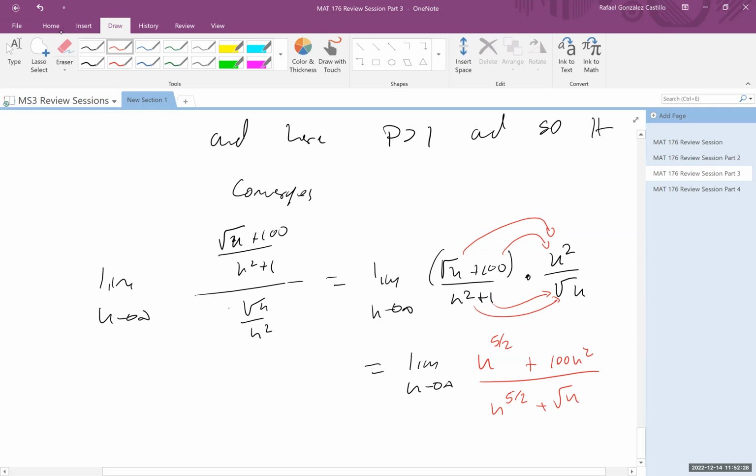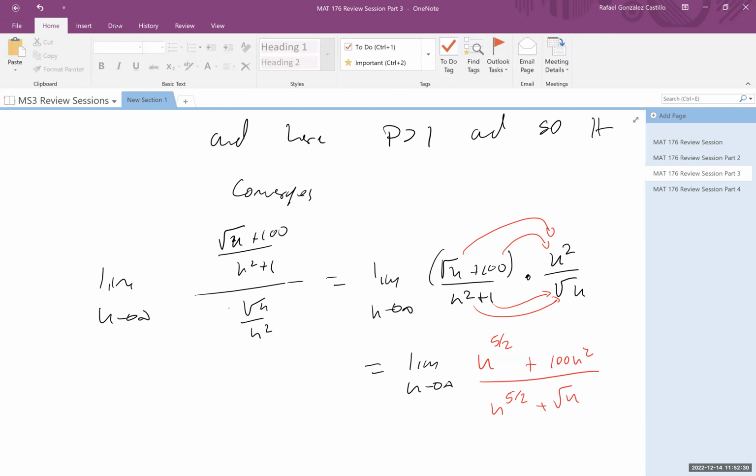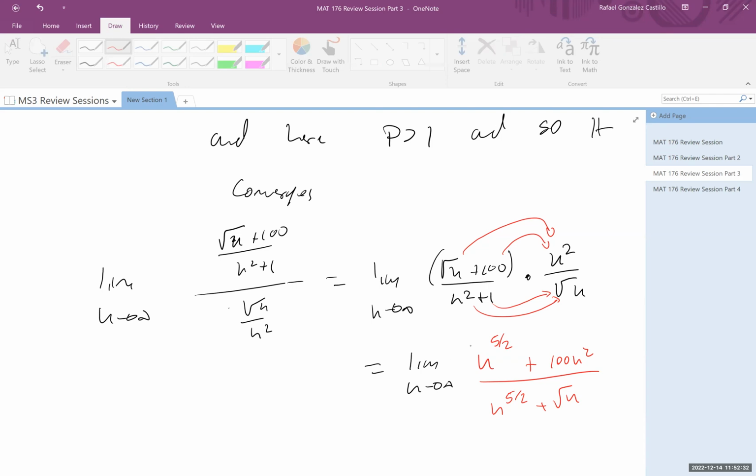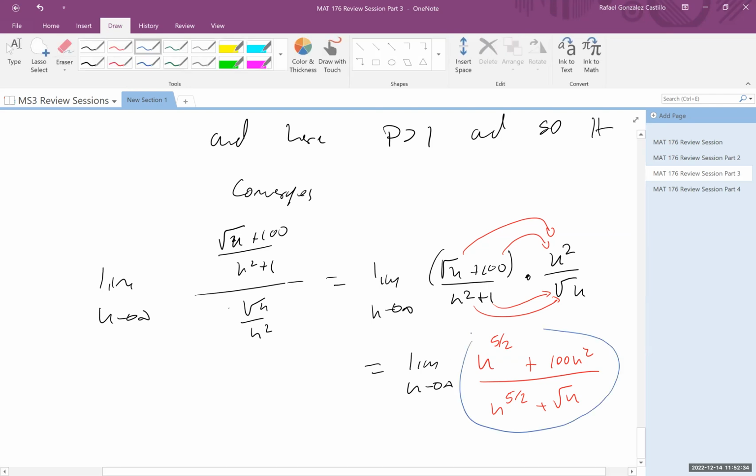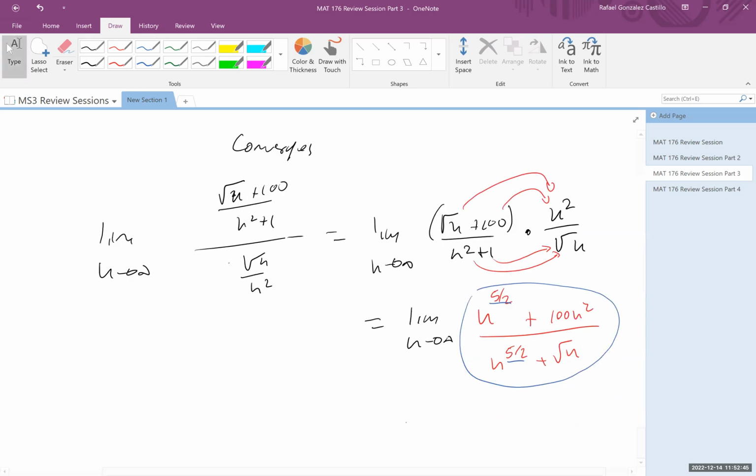Now, if you take the limit as n goes to infinity of this, from pre-calculus, we know that if the denominator and numerator have the same degree, the same exponent, then as we go to infinity, the limit of this fraction is really the ratio of leading coefficients. The leading coefficient here is 1. So this is really 1 over 1 or 1.